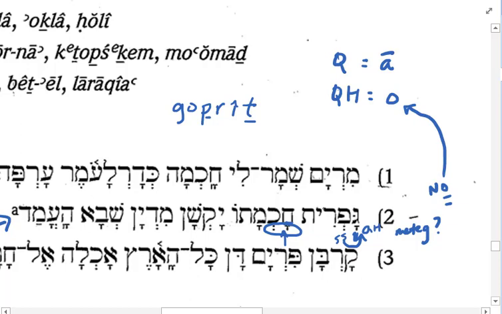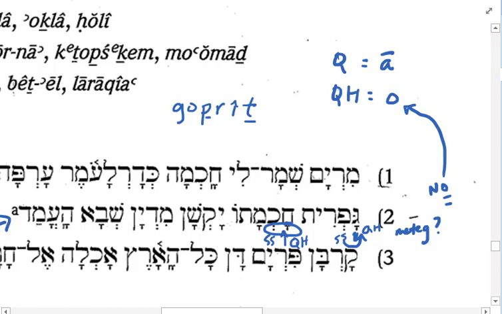Is there a methag or not? No. Then that means that this is a what? Kametz ketuf. If it's a kametz ketuf, is it long or short? Short. If it's short, the shva is silent. Okay? So that settles it pretty easily for me. So this is hok, hok, hok.